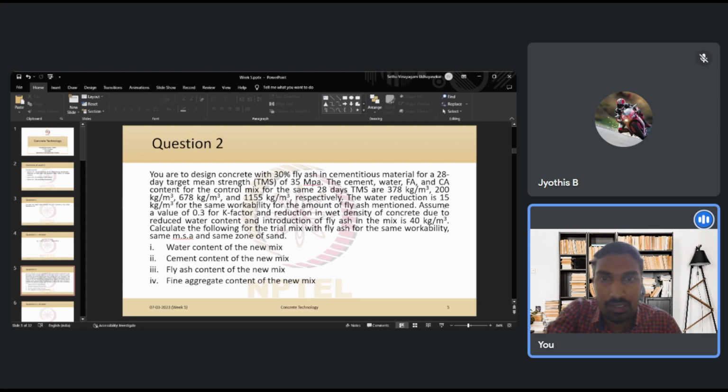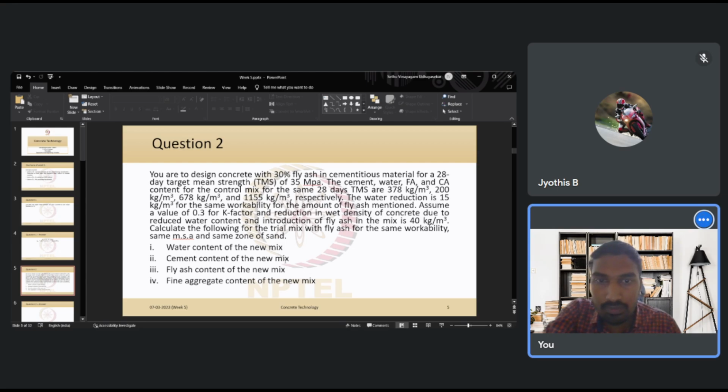The water reduction is 15 kg per meter cube for the same workability for the amount of fly ash mentioned. Assume a value of 0.3 for K factor and a reduction in wet density of concrete due to the reduced water content and the introduction of fly ash in the mix as 40 kg per meter cube. And calculate the following for the trial mix with fly ash for the same workability, same MSA and same zone of sand.